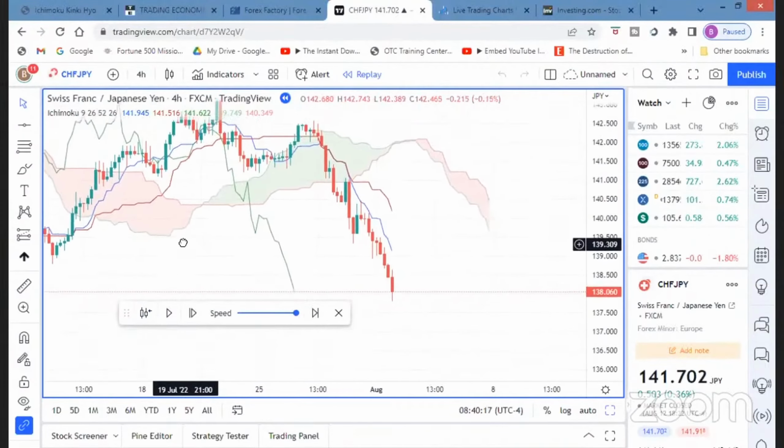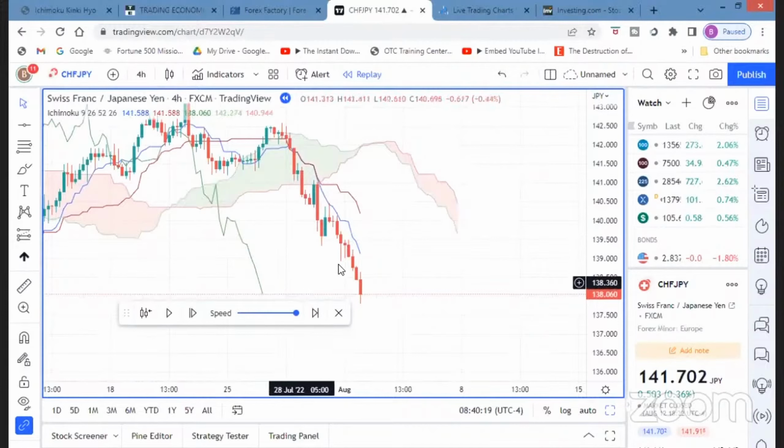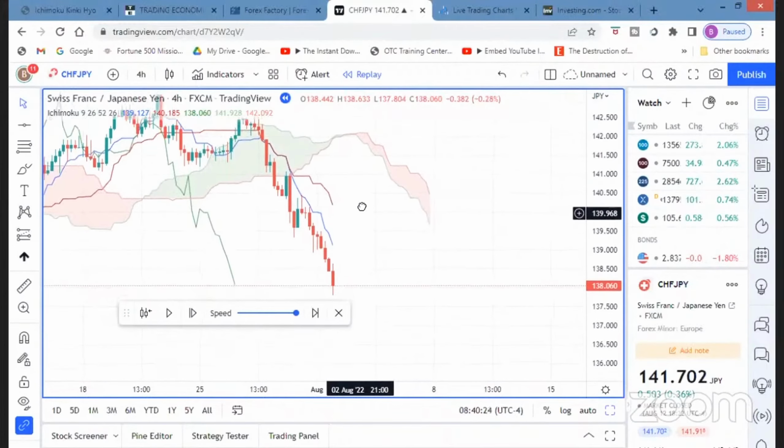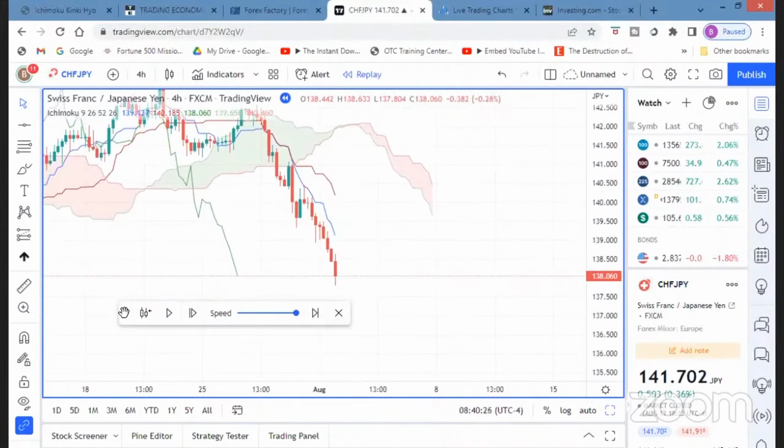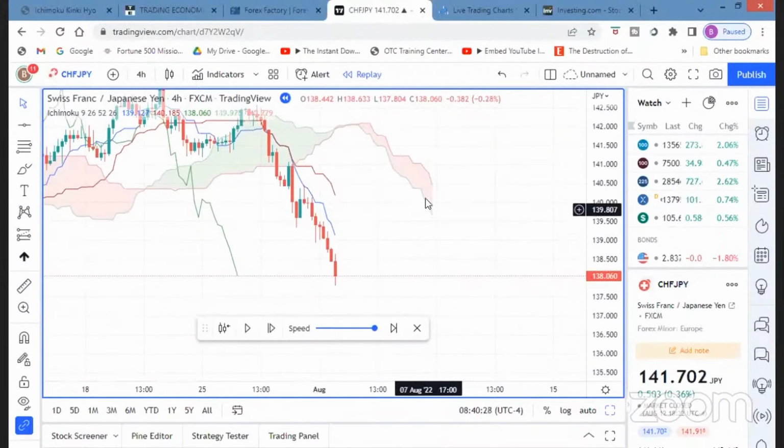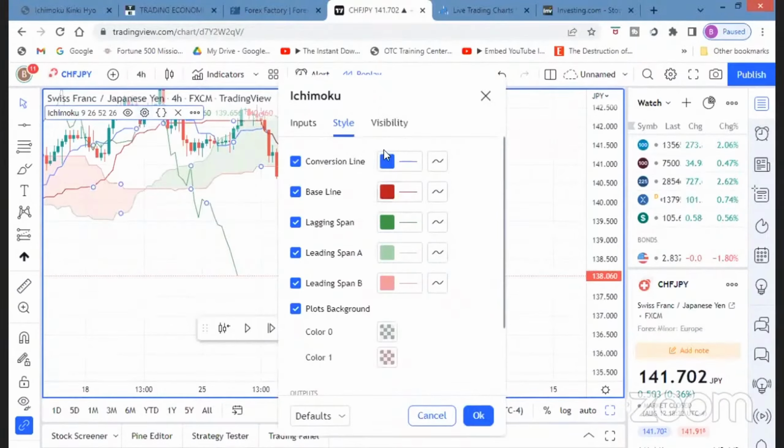On this Swiss franc Japanese yen, look at the current state of everything, the current state of the price action. Bearish cloud. Look at your Tenkan-sen and your Kijun-sen. Let me check the settings on this one. Your conversion line is in blue, so this is your Tenkan-sen, and your baseline is in red.